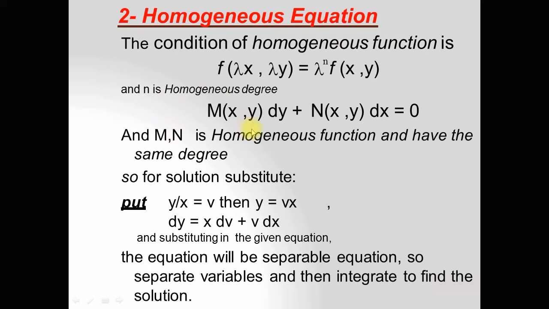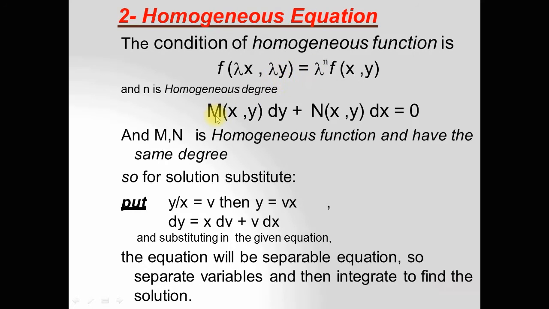Now the homogeneous differential equation and its solution procedure. The condition of a homogeneous function is: suppose we have a function f of lambda x comma lambda y. If this function can be written as lambda power n f of x y, then the function is called a homogeneous function, and n is the degree of this homogeneous function.